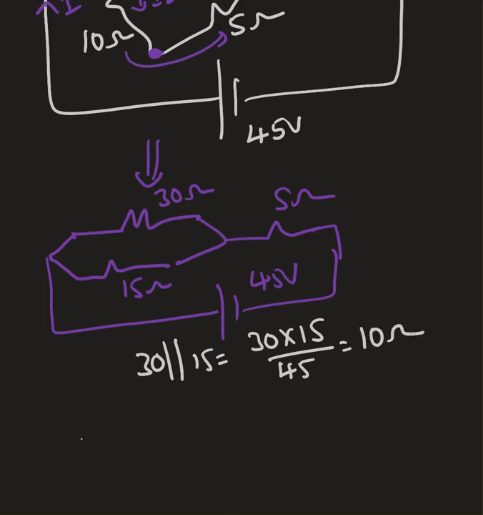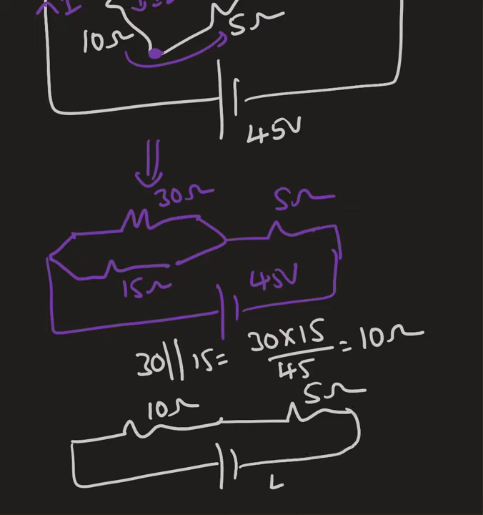So our R total: you have 10 ohm resistance and then 5 ohm resistance, and you have a 45 volt supply. So your I total must be 45 divided by 15, which is 3 ampere. So the current passing through this must be 3 ampere.